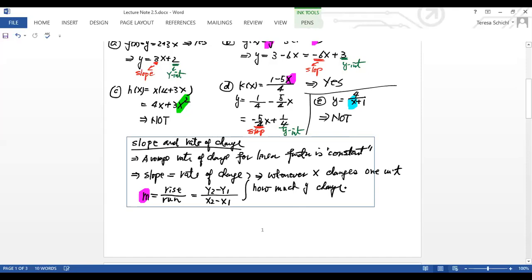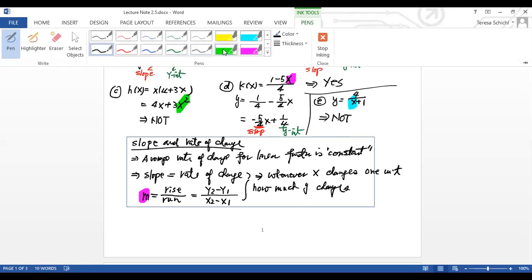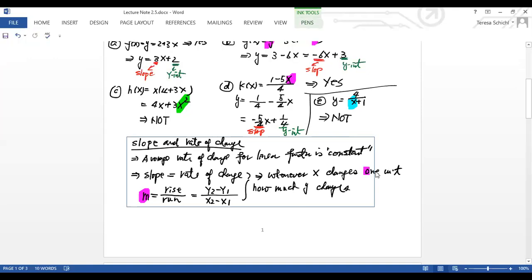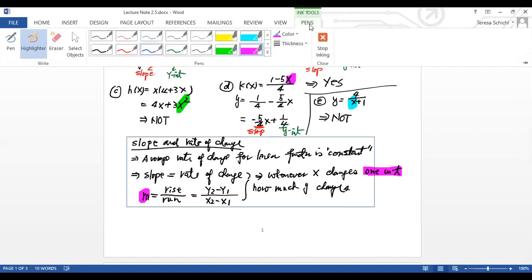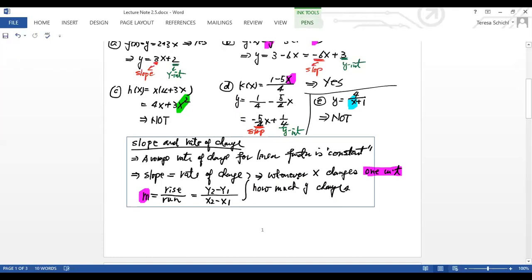This is how we define the slope. And we need to be very careful here: when we talk about x changing 1 unit, it depends on what you are measuring. If you are measuring every minute how much water gets in, then the slope tells you that for every 1 minute, y increases or decreases. That's what the slope being negative or positive means, increase or decrease, for every unit.